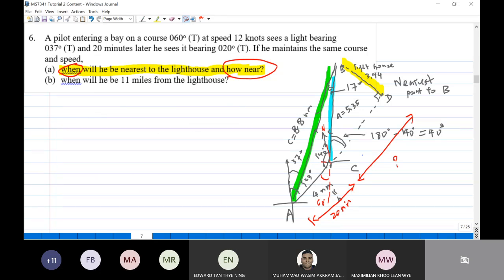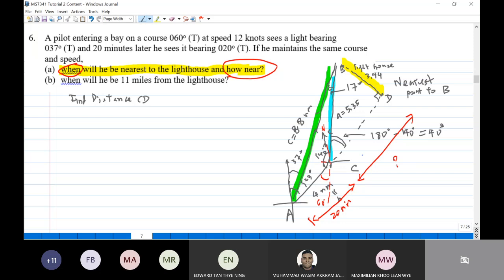Okay, I need to find how long it takes from C to D. So I can use a triangle again. How to find CD? Find distance CD first. How to find distance CD?